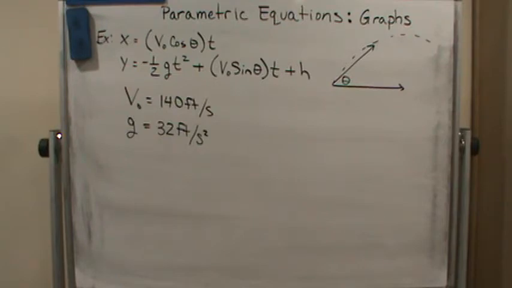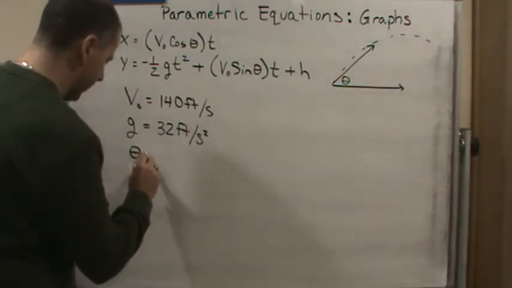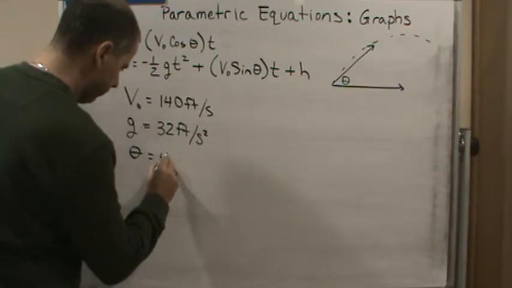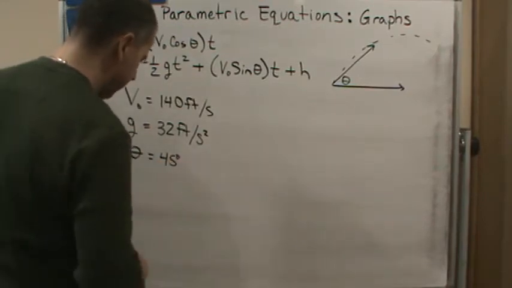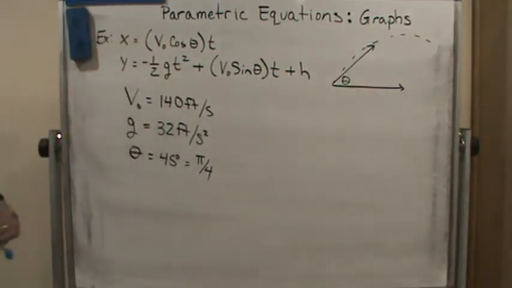Now, the ball comes off of the bat at an approximate 45-degree angle, or pi over 4, if you want to do it in radians. It says, how far will the ball travel? Will it clear the fence for a game-winning home run?